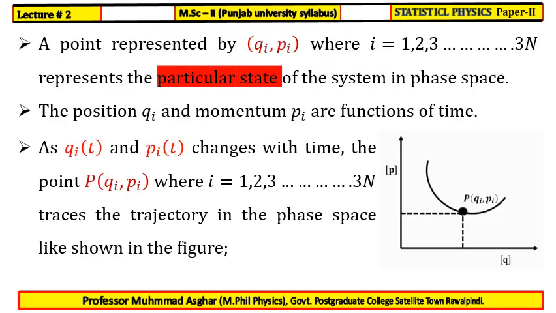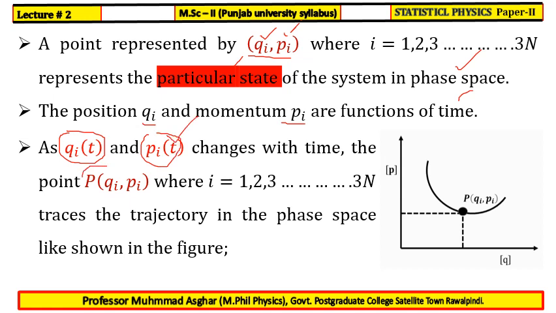Now we can represent this as a point (qi, pi), and this represents the particular state of the system in phase space. As the position qi and the momentum pi depend upon time, we can write them as functions of time, and they can change with respect to time.